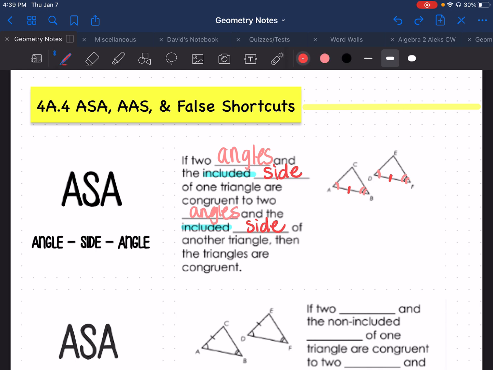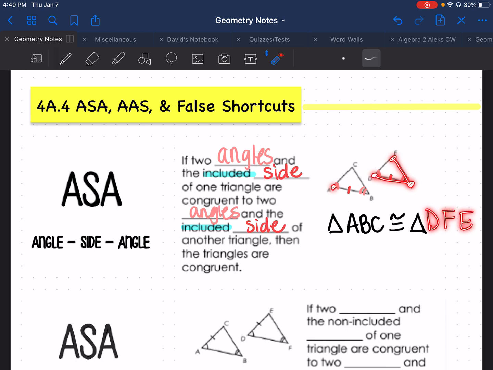And let's say that I can use my congruent statement to say that triangle ABC, remember the first one you can name however you choose. The second one, you must follow the same order. So I started at A, went to B, and then ended at C. I need to find A's match in the other triangle, and that would be D. Then I go to B's match, which is F, and then of course the last letter would go next.